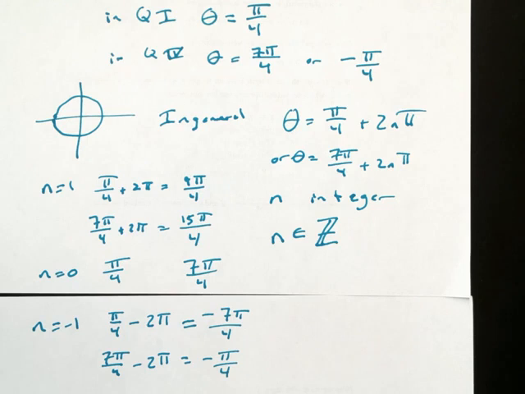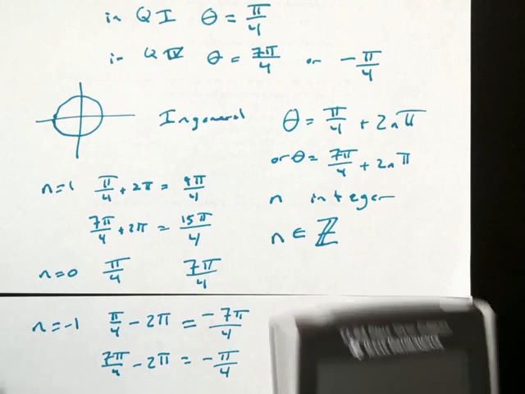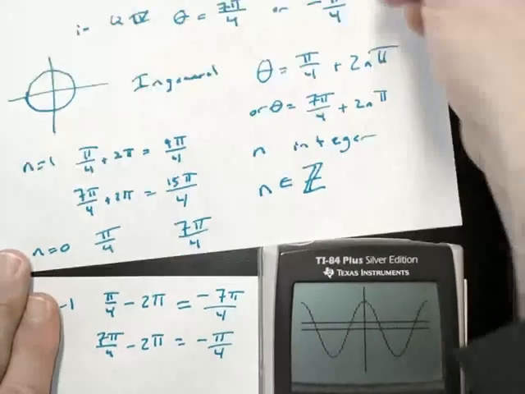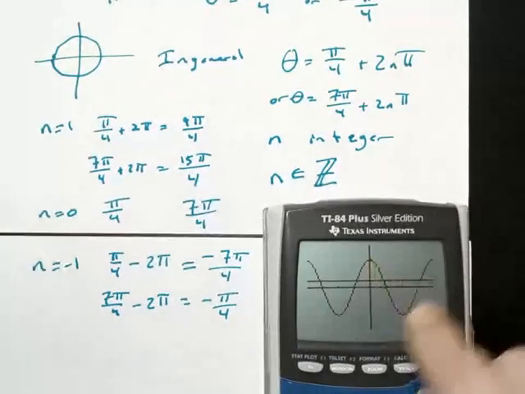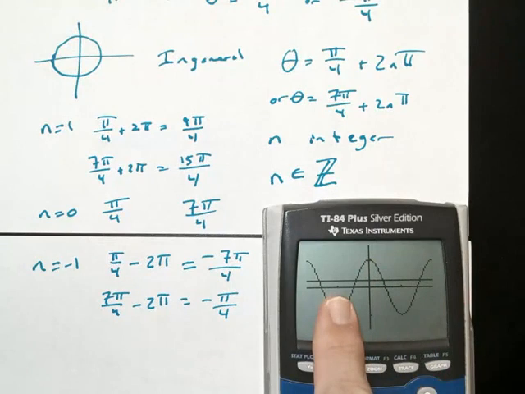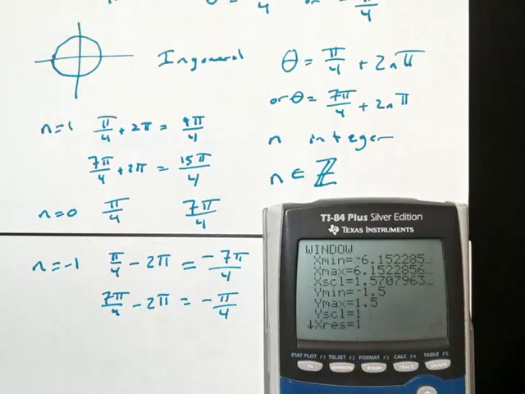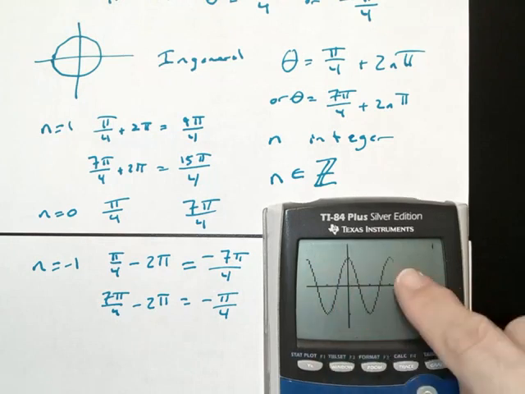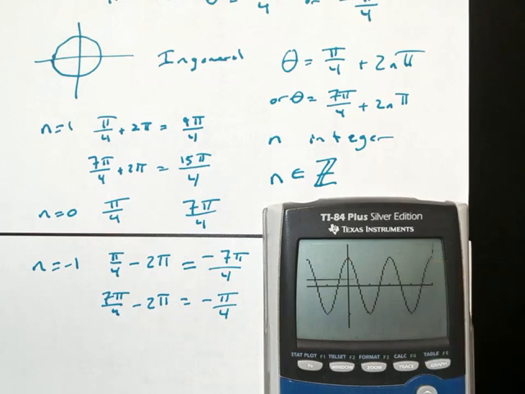If you want to pick 1 and 2 and 3, that still works. You'll just give bigger numbers than I did. What I'm doing when I pick that value of n is I'm picking which period I want to be in. So this is the period where n is 0. This is the period where n is negative 1. Negative 1, 0, 1. And thus I found 1, 2, 3, 4, 5, 6 crossing points.